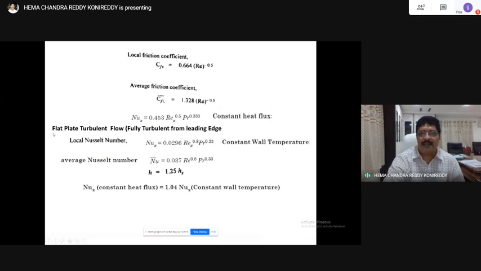Now for a turbulent flow, fully turbulent from the leading edge. I told you, when a fluid is flowing over a flat plate like this, it will be laminar for some distance and thereafter it is turbulent. If the laminar length is small compared to the length of turbulent flow, I can ignore it and assume it's fully turbulent.